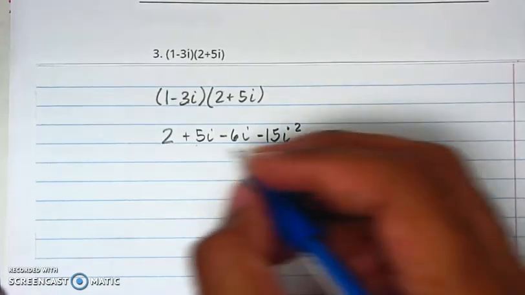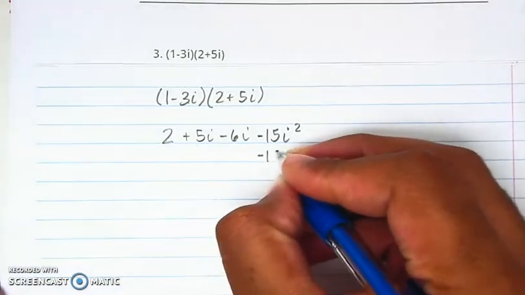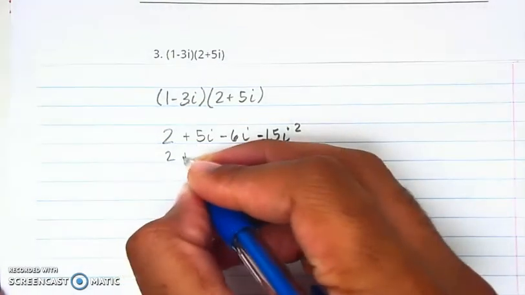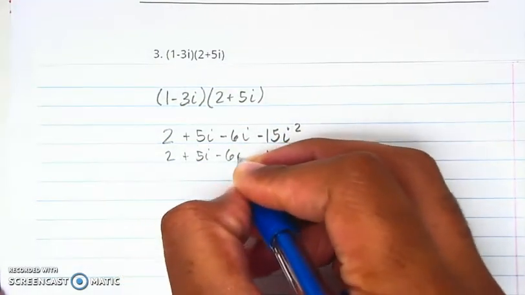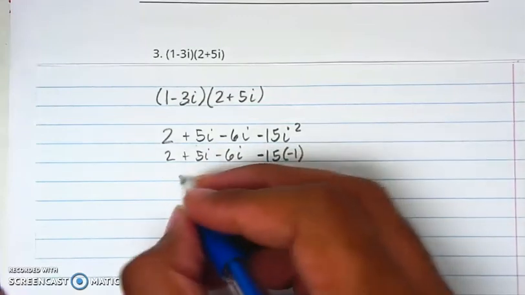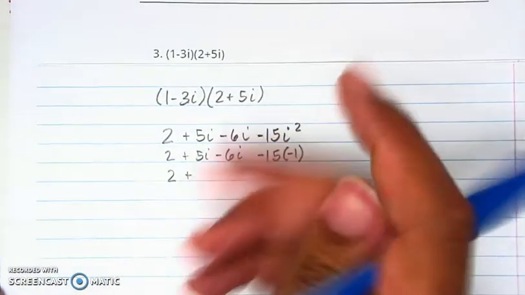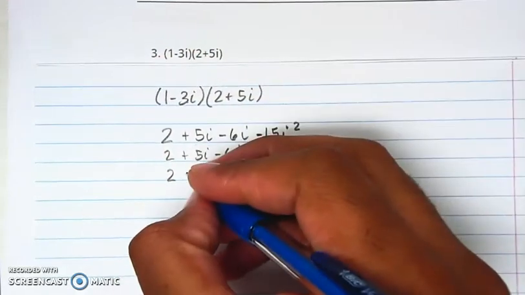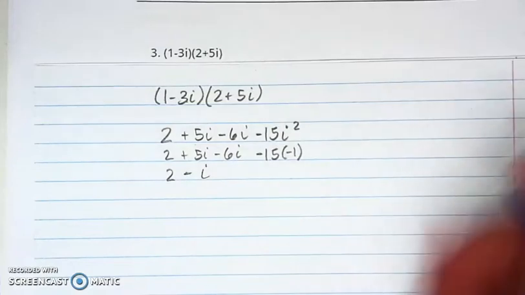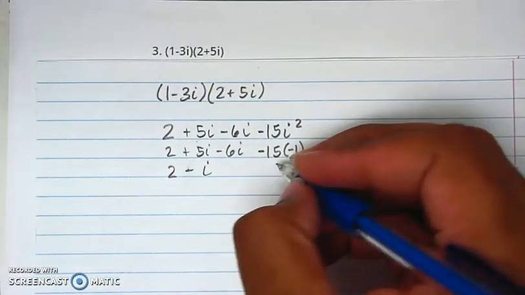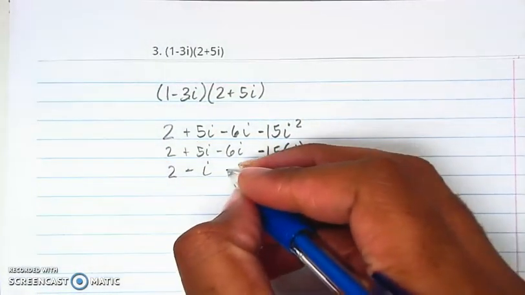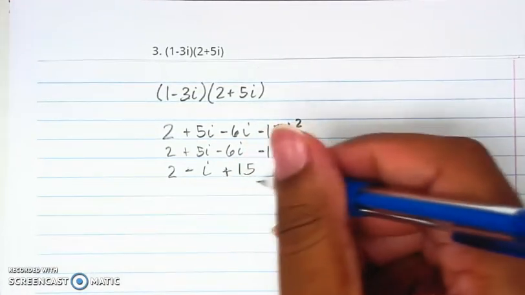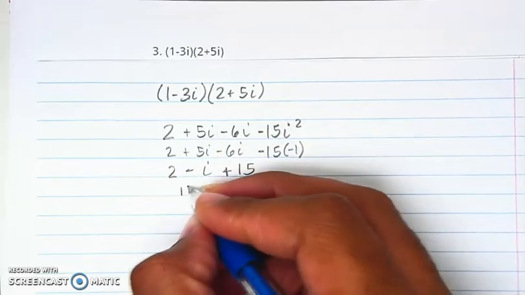Before we combine like terms, we know that i squared is negative 1. So I simplify everything down: 5i and negative 6i gives me negative i, and negative 15 times negative 1 is positive 15. Then we combine like terms, the 15 and the 2, that's 17 minus i.